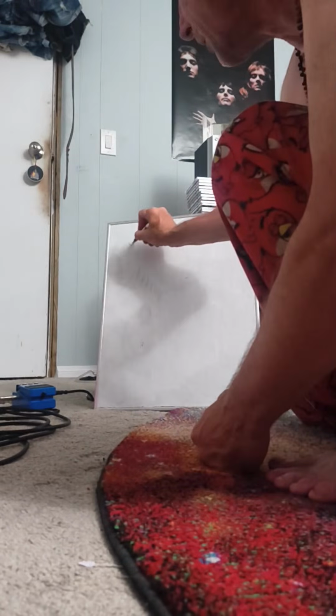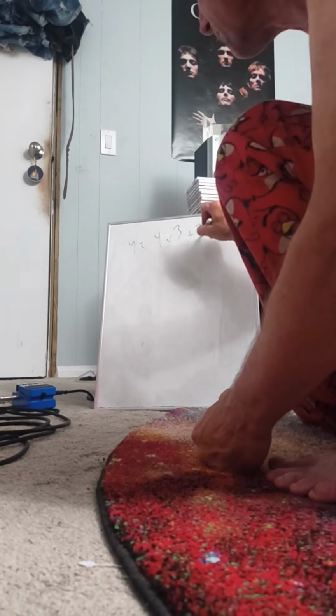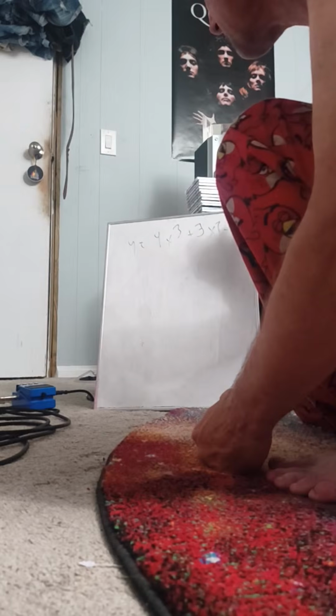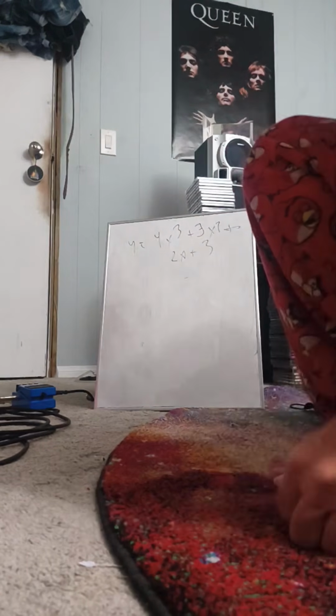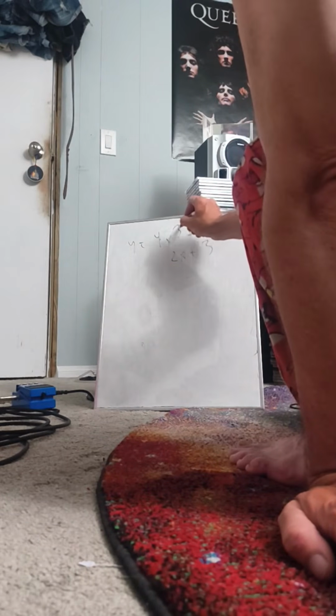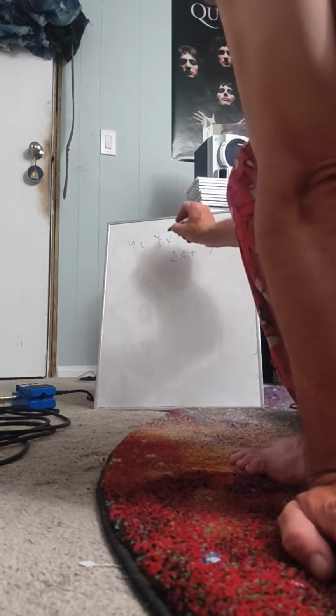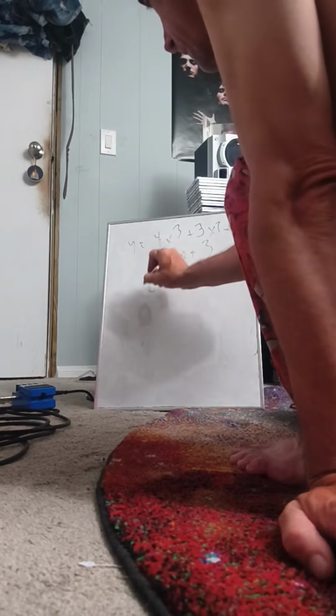So if I have y equals 4x cubed plus 3x squared plus 2x plus 3. Take this number times this number, and then take the power and subtract 1 from the power. So the derivative of 4x cubed is 3 times 4, which is 12.